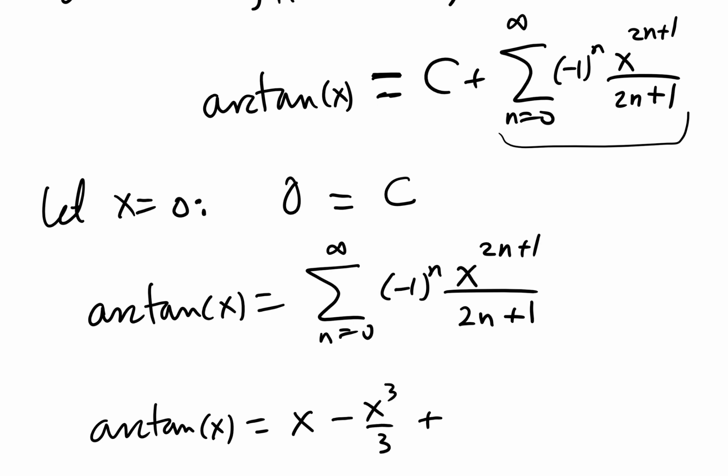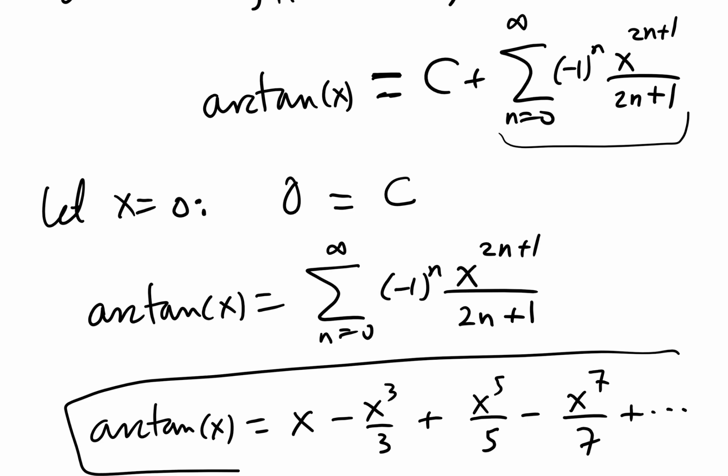If you plug in 2 for n, it gives us x to the 5th over 5, then negative x to the 7th over 7, plus etc. That would be the arctangent. The reason we're writing them all the way to the final step like so is that it will help with the next section, when we talk about Maclaurin and Taylor polynomials or Maclaurin series.